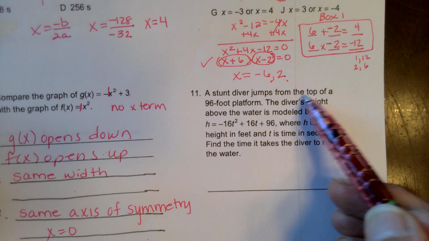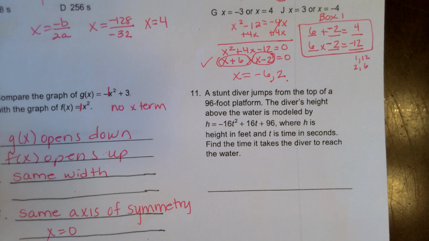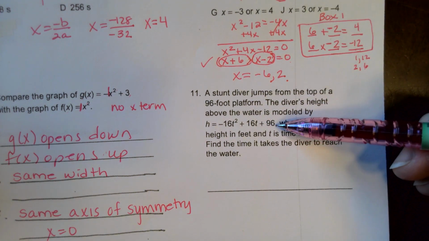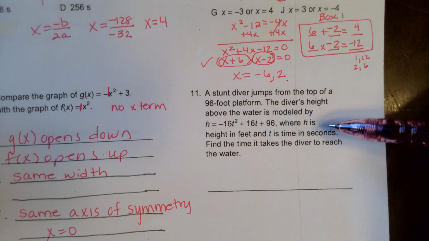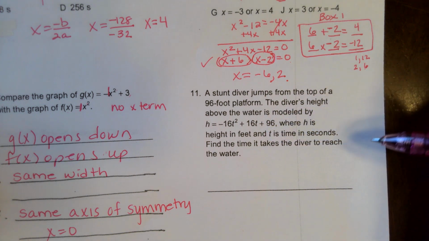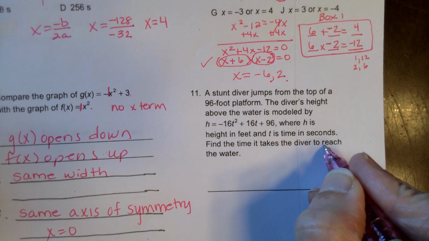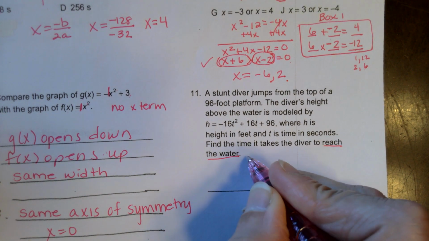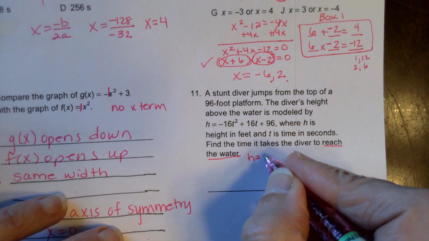We got a stunt diver jumps from the top of a 96-foot platform, and the diver's height above water is modeled by this, where h is the height in feet and t is the time in seconds. Find the time it takes the diver to reach the water. So the question is, when they reach the water, what will their height be? 0.